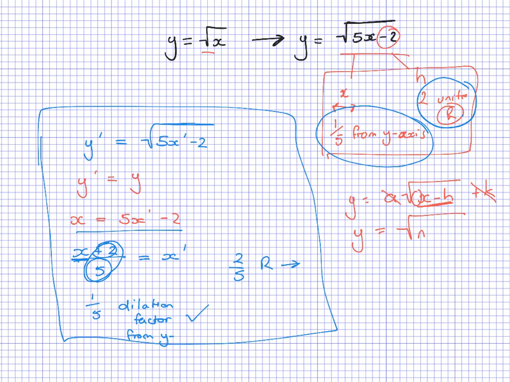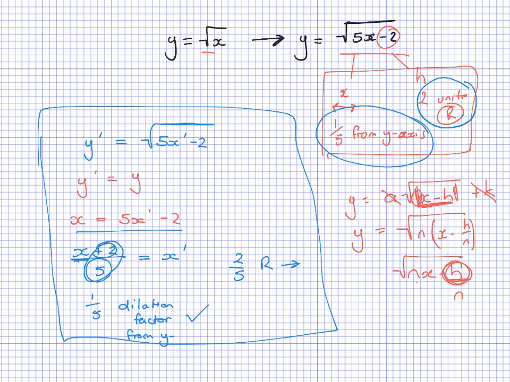So let's call it n. We have to have it looking like this, so that when the brackets are removed, it will look like nx minus h, but that is not the translation. The translation needs to be divided by n so you can read it, because it needs to look like this with no coefficient of x. If you do have a coefficient, you have to factorize it out.